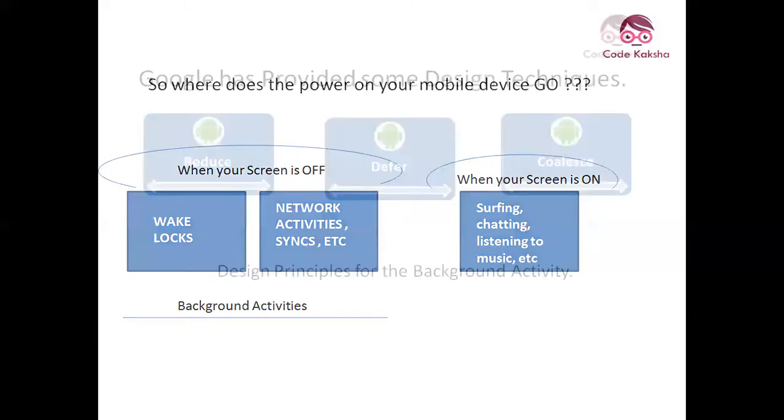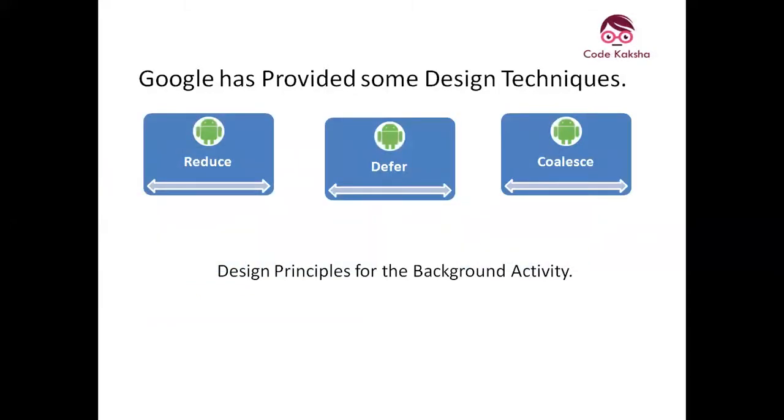We have some design principles given by Google. Google has provided some design techniques so that we can increase the battery life, right? There are three main things: reduce, defer, and coalesce. Let's check these three things.